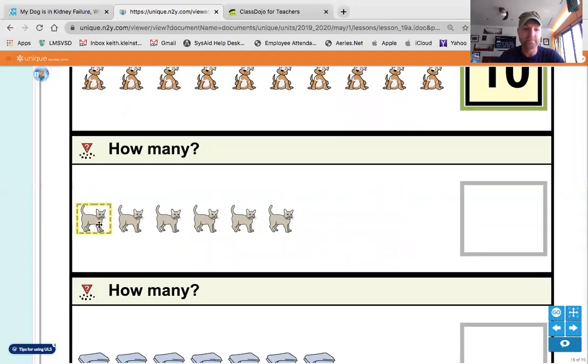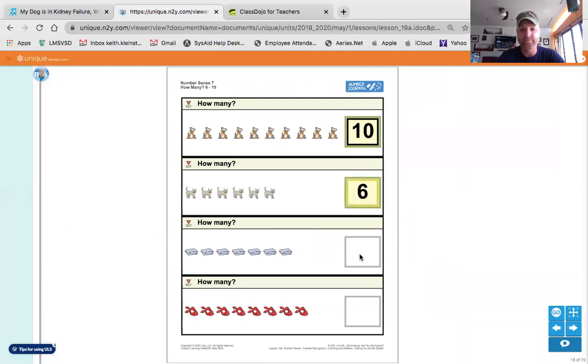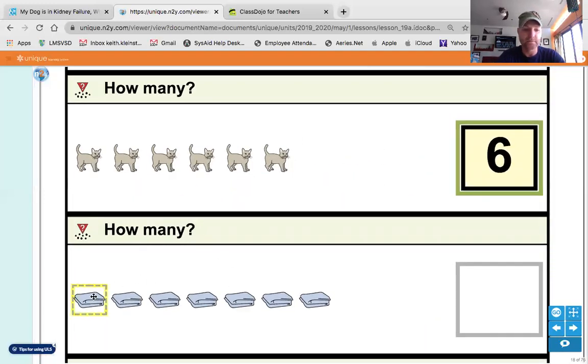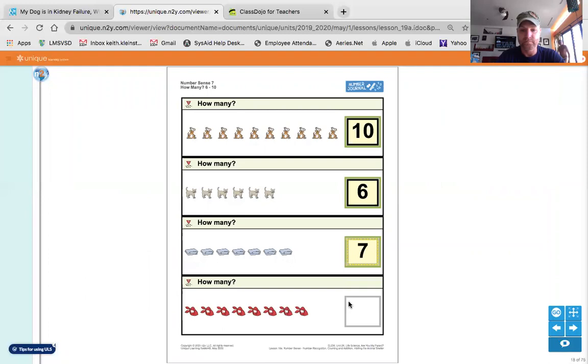How many cats? 1, 2, 3, 4, 5, 6. Find 6. 6. How many towels? 1, 2, 3, 4, 5, 6, 7. 7.